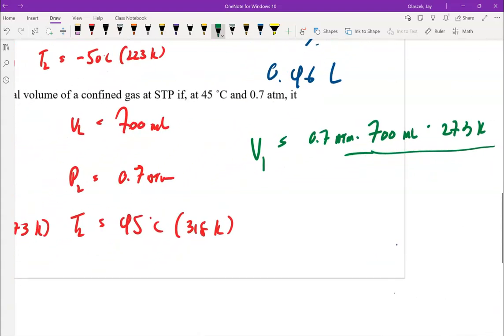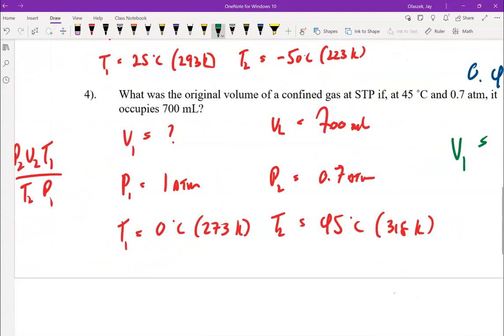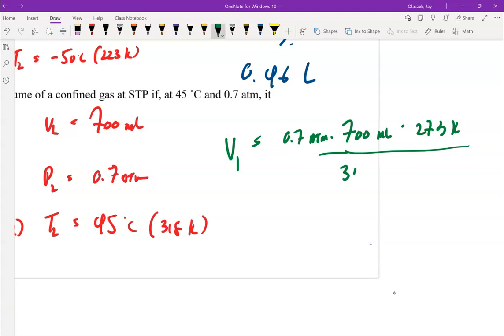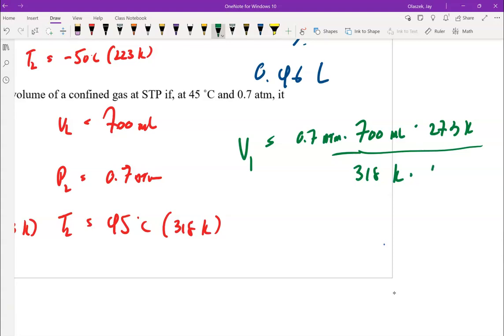On the bottom, we are going to put T2 and P1. T2 we said was 318 kelvins, and P1 we said was 1 atmosphere. So let's find out. Do we have to get that into liters? Atmospheres cancels, kelvins cancel, leaves our volume in milliliters. Nothing wrong with milliliters.